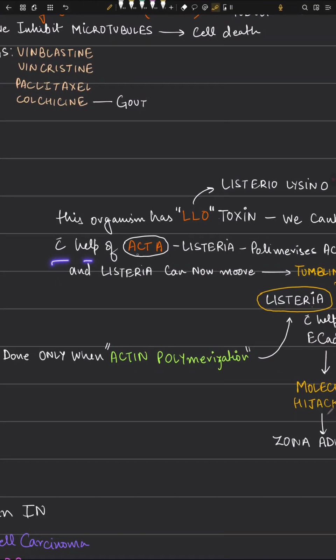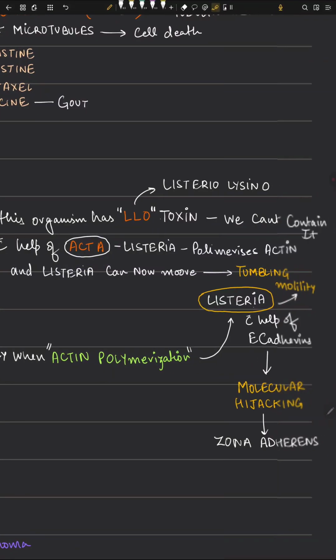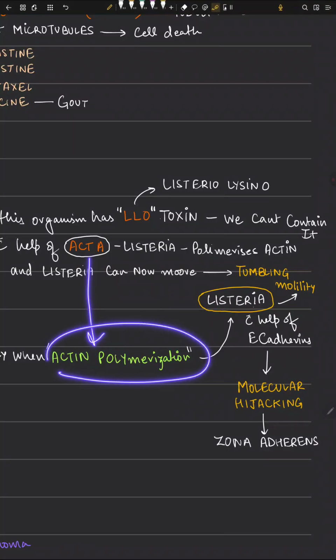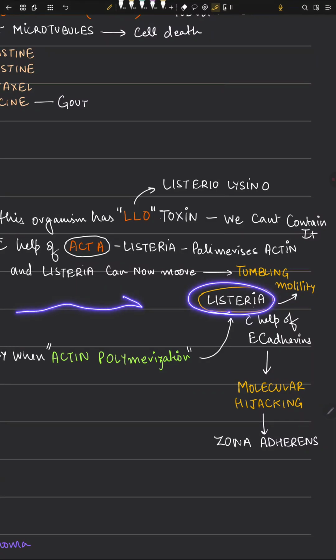Now, with the help of ActA, what is it, ActA? Well, it's a substance, and this ActA helps this Listeria to perform this function, actin polymerization, and that's how the Listeria is able to walk and even run inside your cells.